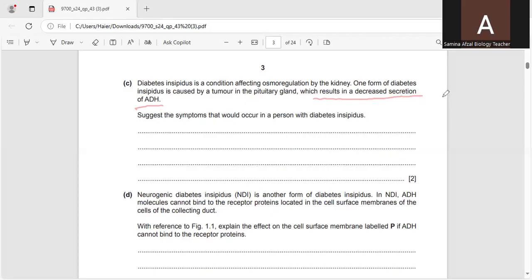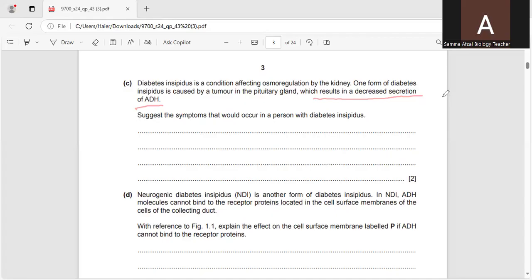So what will happen? The most of the water will not be reabsorbed. So when there is no reabsorption of water, then frequent urination will occur. That is, the more water will be excreted out of the body in the form of urine.